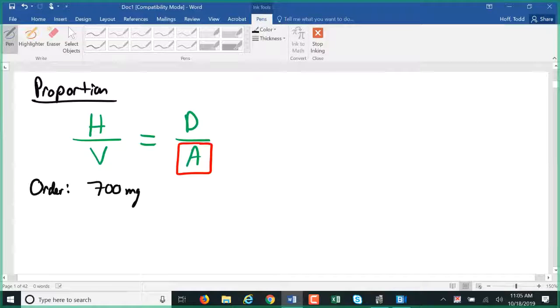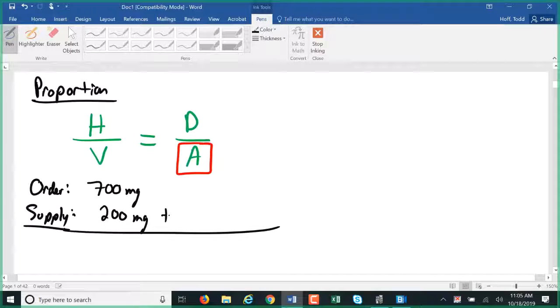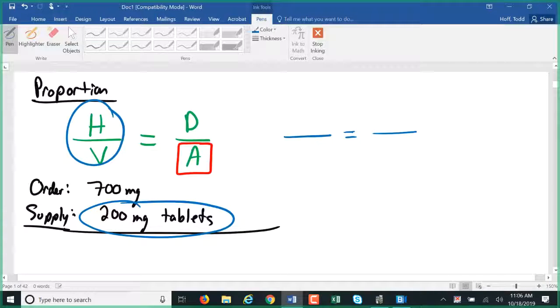So we're going to do the same two examples again. 700 milligrams is what our doctor has ordered for the patient. As we look at the label on our bottle, the supply says 200 milligram tablets. Our supply is what gives us the on-hand dose and the vehicle: 200 milligrams per one tablet.